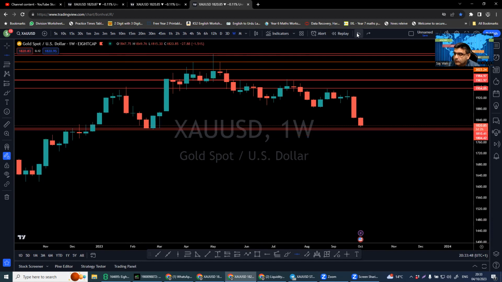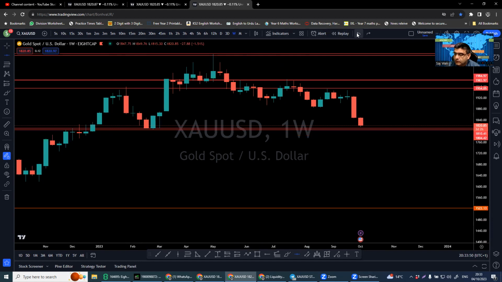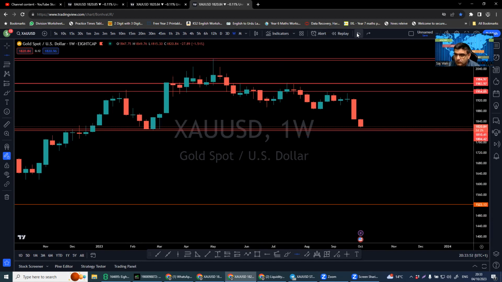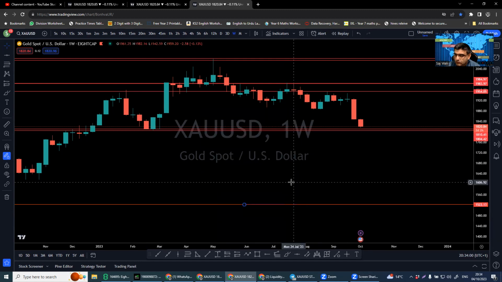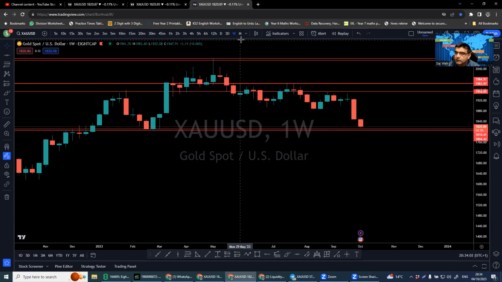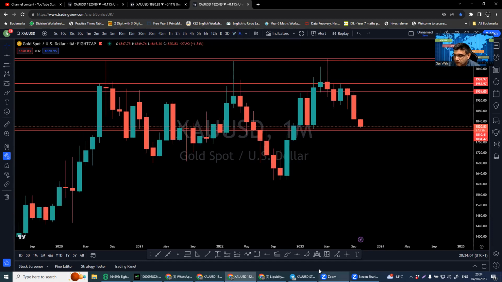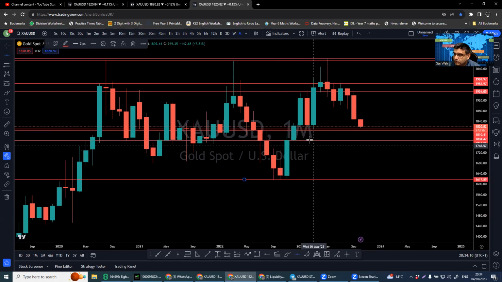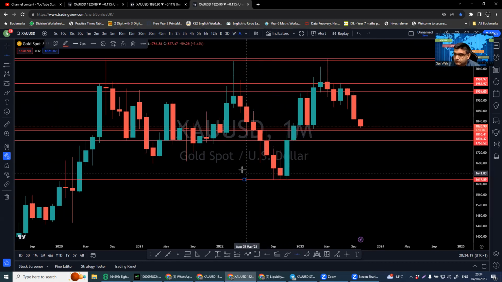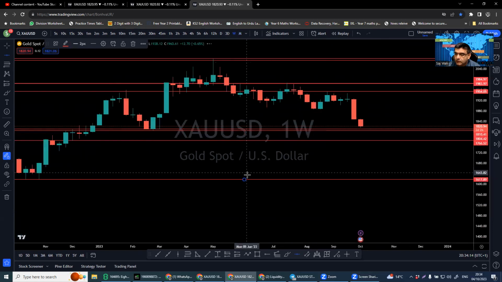actually, let me move these orange lines. Maybe I could have drawn some more levels for monthly, and that's monthly as well. Now I draw the weekly.